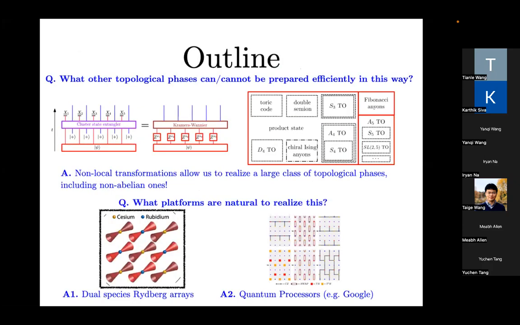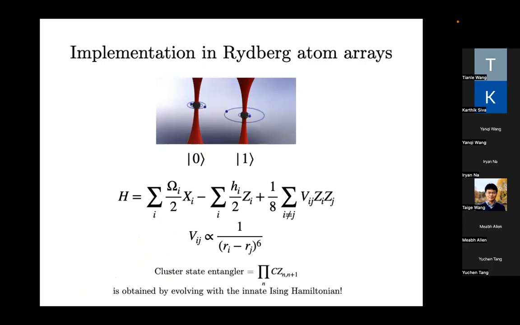Okay, so now let me talk about a cute way to realize this in a Rydberg platform. So what are Rydberg atoms? Basically, you just have a ground state and a highly excited state.